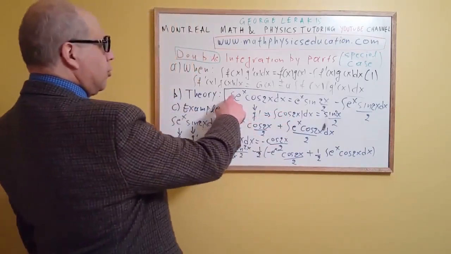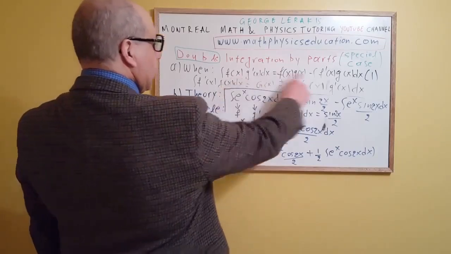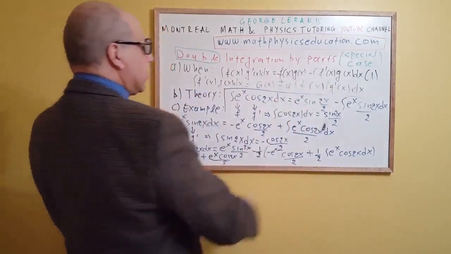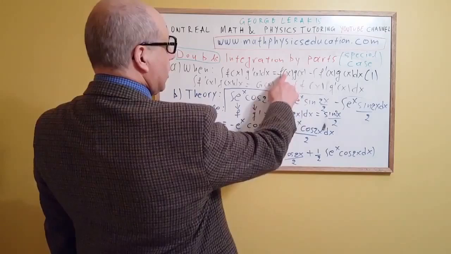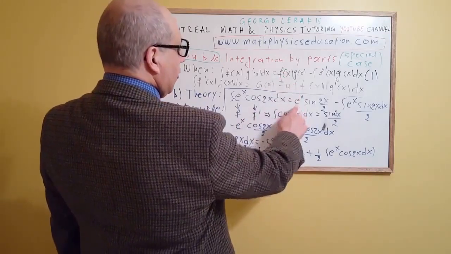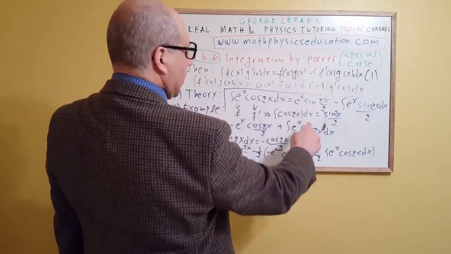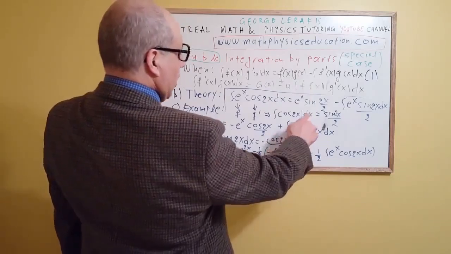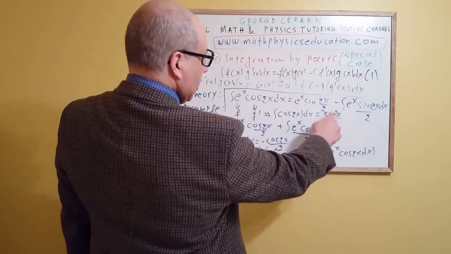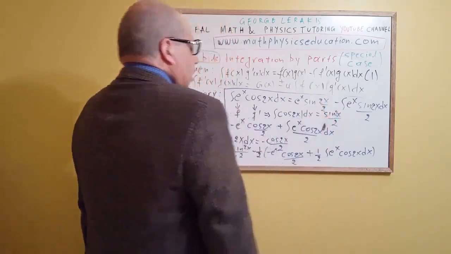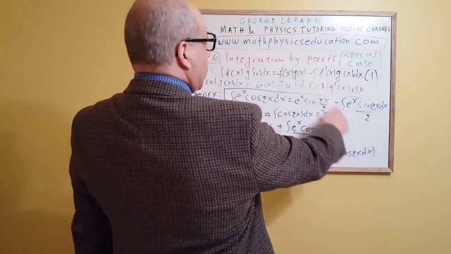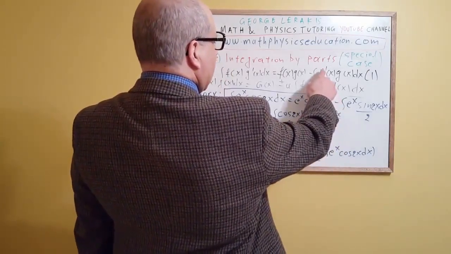So that means that if you go back to the formula here, and you use the rule of integration by parts, you have here f of x, which we said is e to the x. Here you will have the g of x, which will be this here, sine 2x over 2, and then of course here it should be minus the integral of f prime of x.